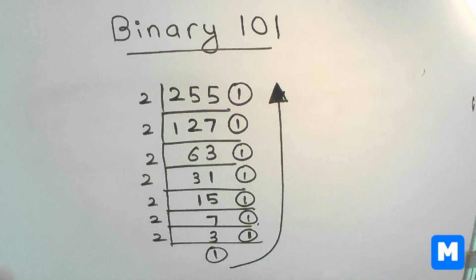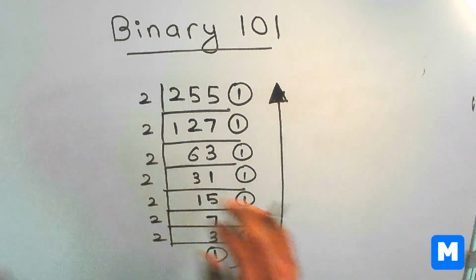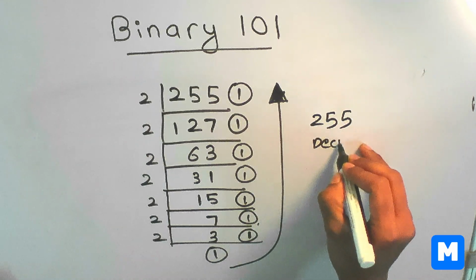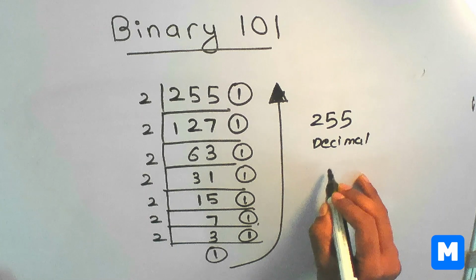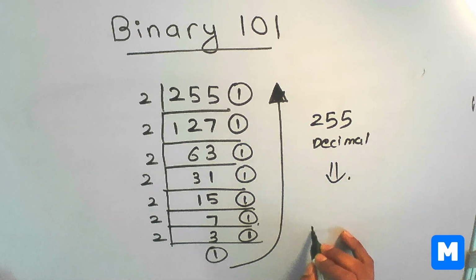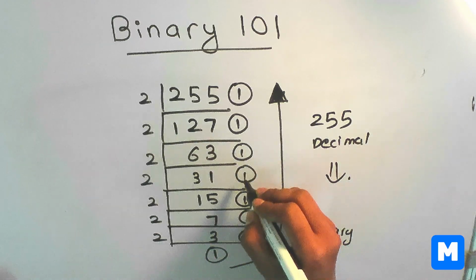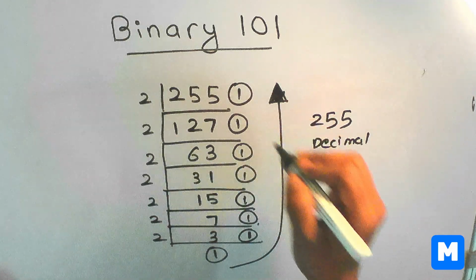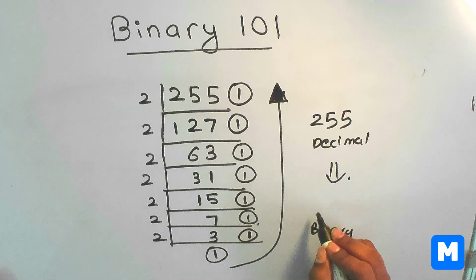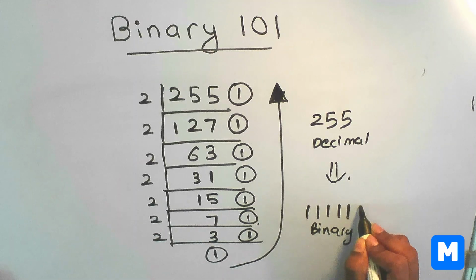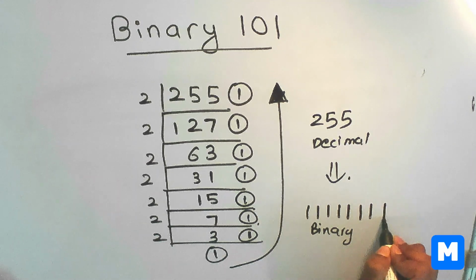So at the end, your 255 from the decimal system will be, in binary, 1 1 1 1 1 1 1 1.